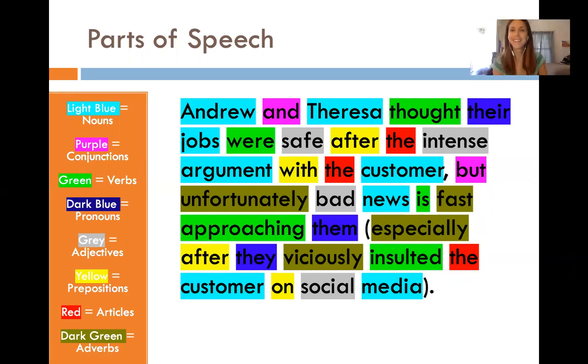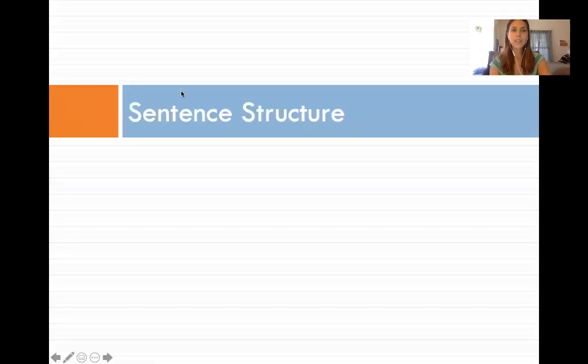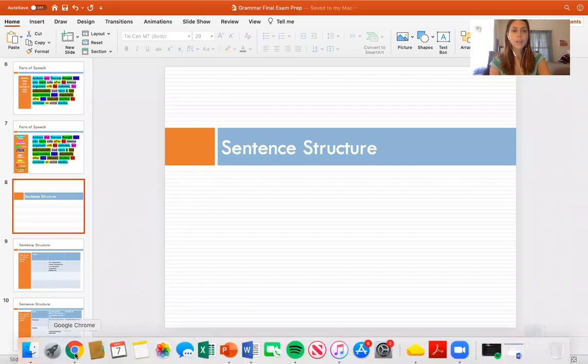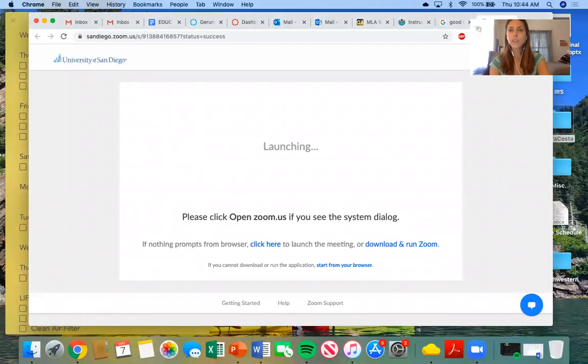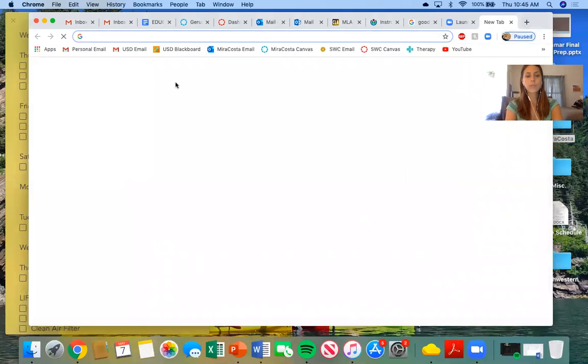Okay, so as I said, don't spend too much time on the parts of speech. I will be testing you, but really we've been studying this all semester, so this is nothing new. And if you're stuck and you're saying, oh my gosh, I don't know what to do here, I always suggest jumping online and going to Google Images.